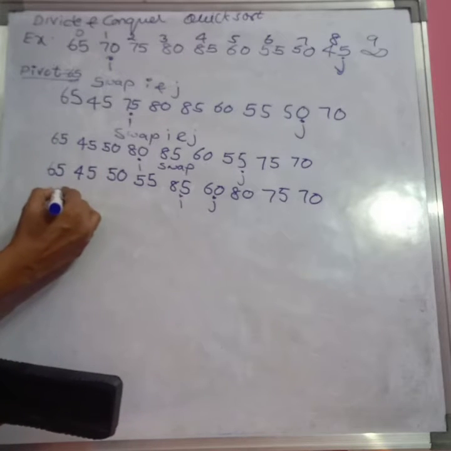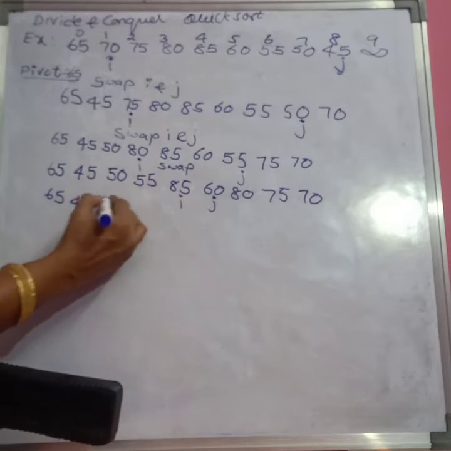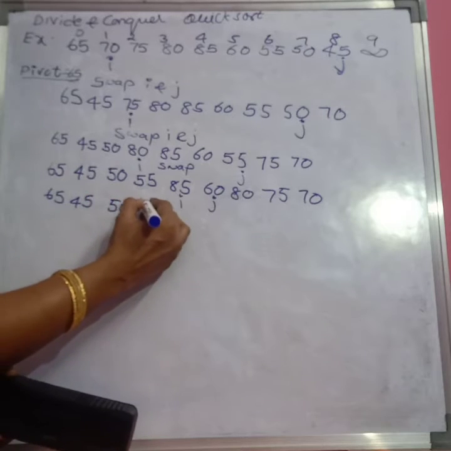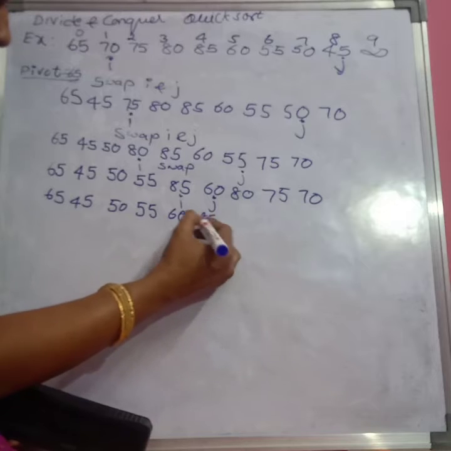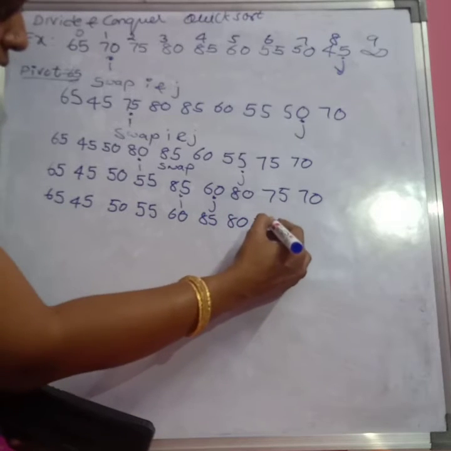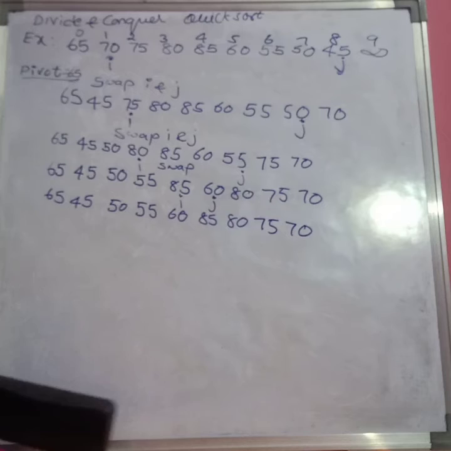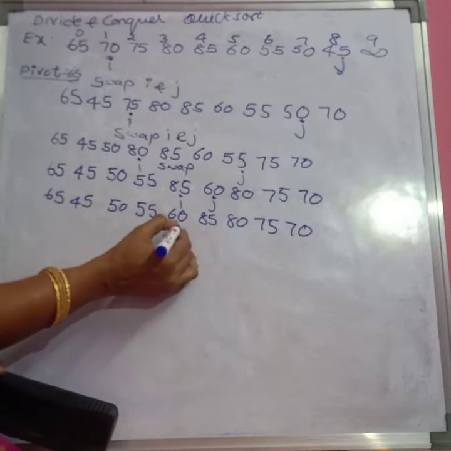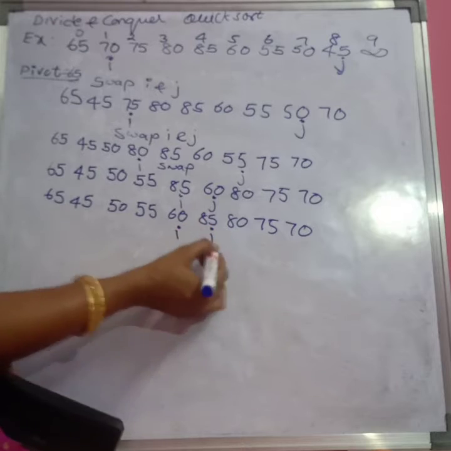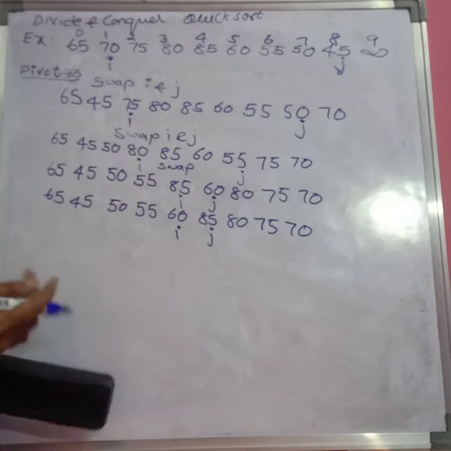So what is the array position now? 65, 45, 50, 55. Here it is 60. Here it is 85, 80, 75, 70. So these are the array element positions. So where is my i here and where is my j at this point? Here. So once again start the same procedure.